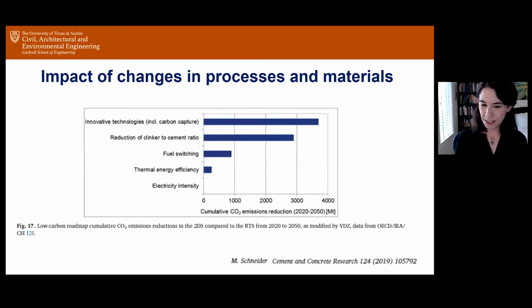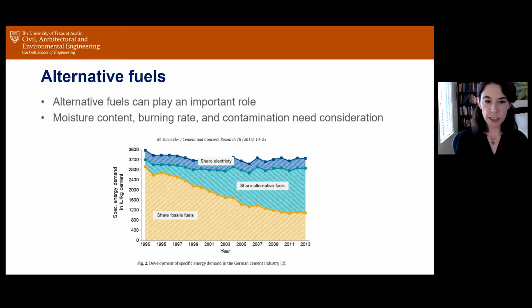And that thermal and energy efficiency, again, is kind of a small contribution, not to be ignored, but not as important. So I'm not going to spend any time on thermal efficiency because it's such a small piece of this puzzle. It's something that can be done when changes are being made in cement plants anyway, and it's certainly achievable, but the impact is small.